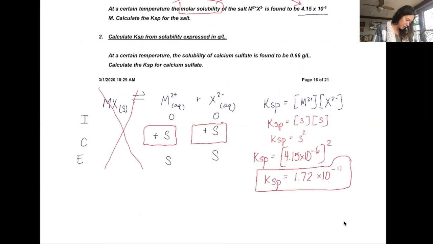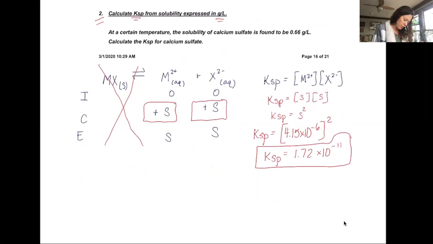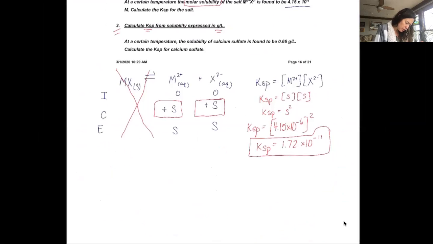Oh, we got another question. That was 1. Let's look at 2. Let's calculate Ksp from grams per liter. At a certain temperature, the solubility of calcium sulfate S is found to be 0.66 grams per liter. We need to calculate Ksp.